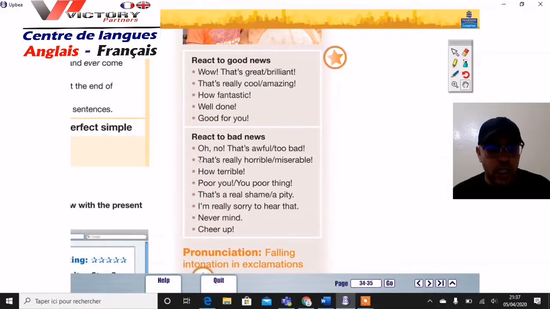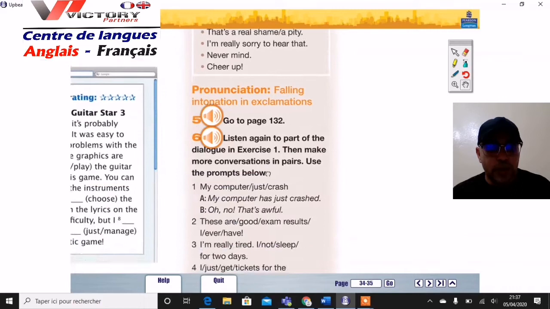React to bad news. Here are the expressions of reacting to bad news. And now try to practice your pronunciation, especially falling intonation. We already made the difference between falling and raising intonation. So here you are talking about exclamations.